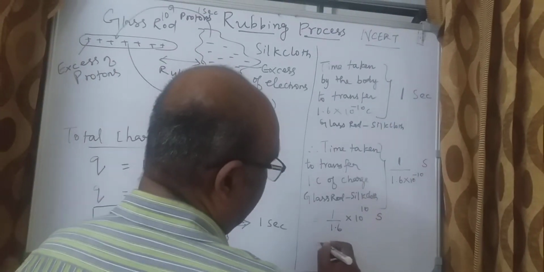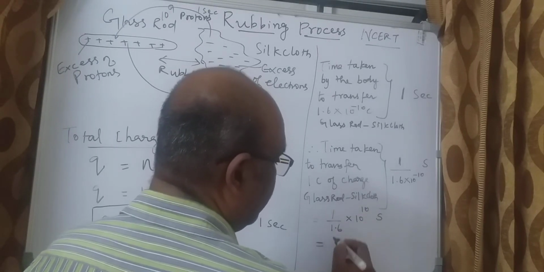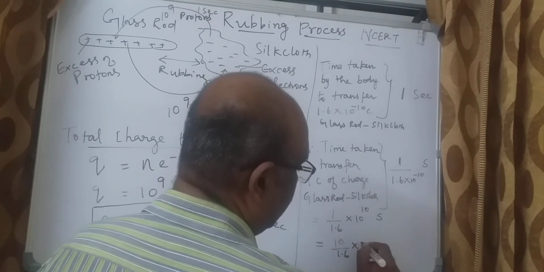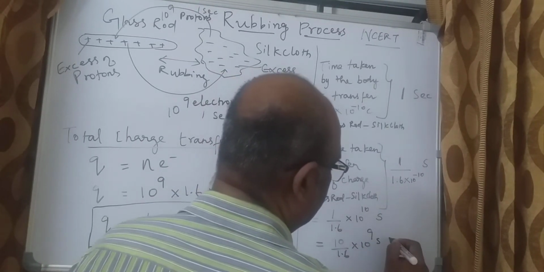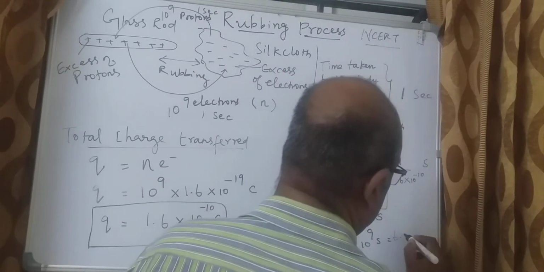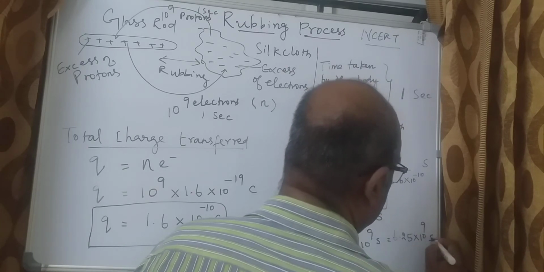So which can be simply written as, we can multiply this one with another 10. So 10 by 1.6 into 10 to the power 9 seconds, which is nothing but, 10 divided by 1.6 is 6.25 into 10 to the power 9 seconds.